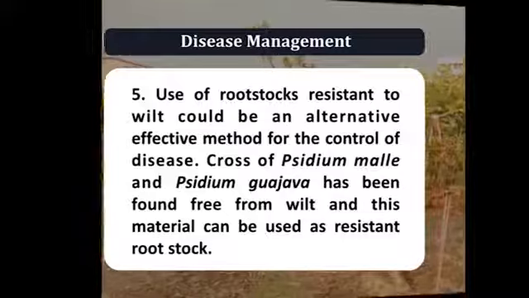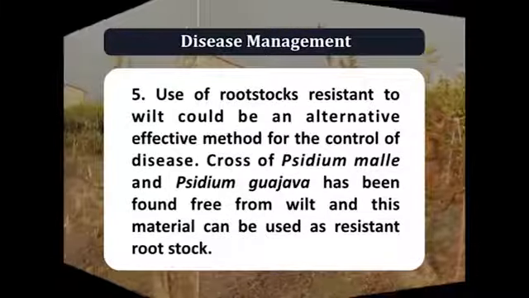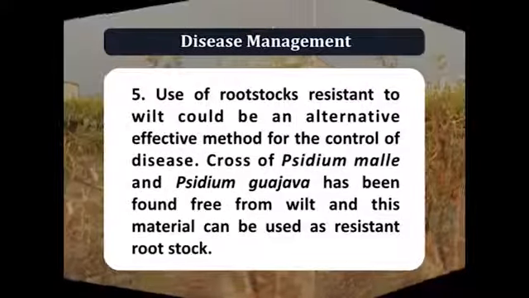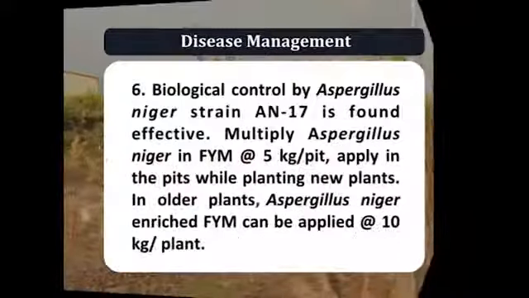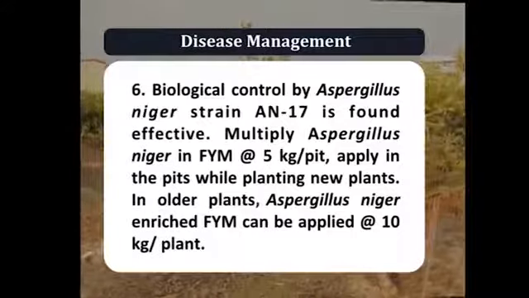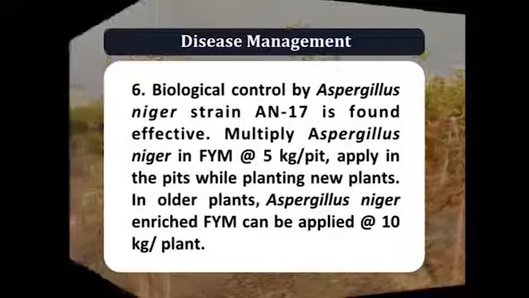A cross of Psidium molle and Psidium guajava has been found free from wilt, and this material can be used as resistant rootstock. Biological control by Aspergillus niger strain AN17 is found effective.